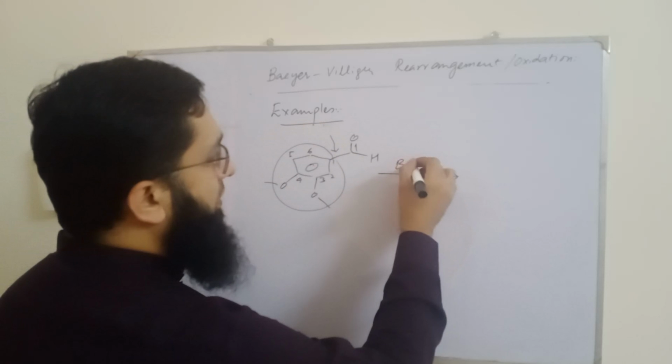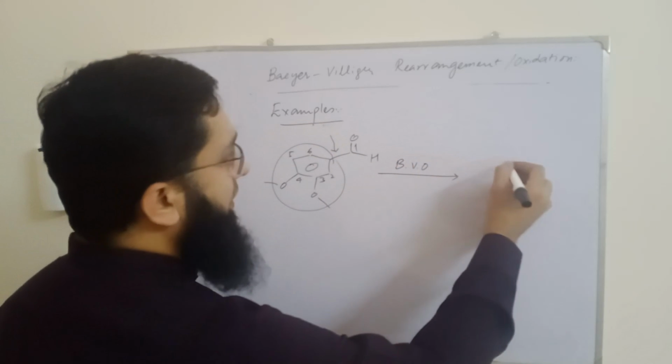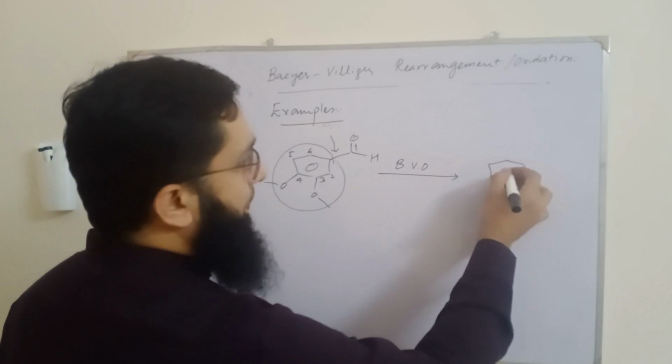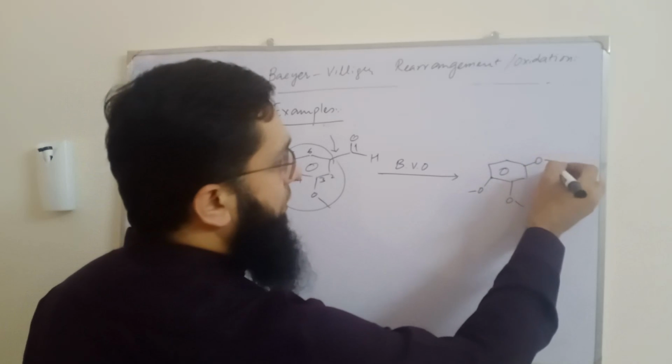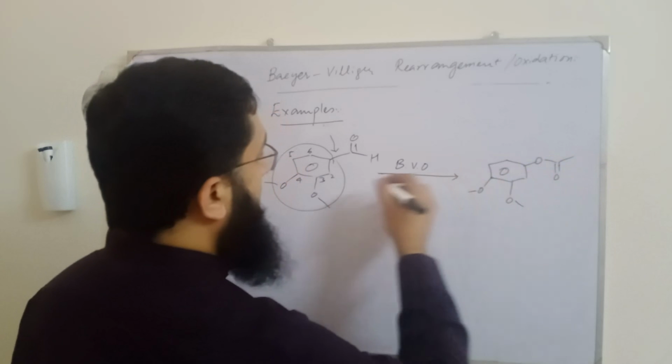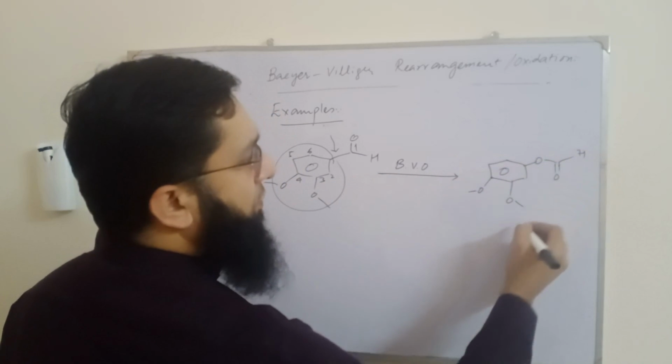So as a result of Baeyer-Villiger oxidation, we will get major product resulting from the migration of this group. So this is formate ester.